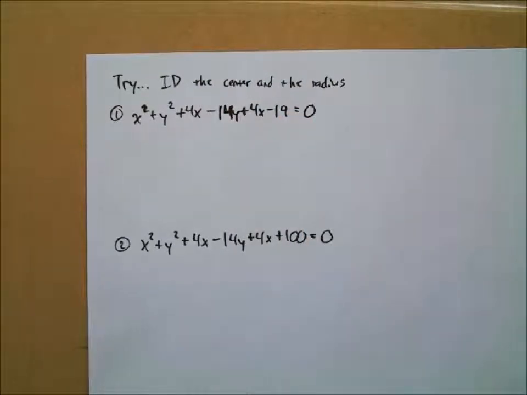You can use that to your advantage when you do the second one. So go ahead. 1 and 2, identify the center and radius. I'll come around and help if you've got questions or anything like that.